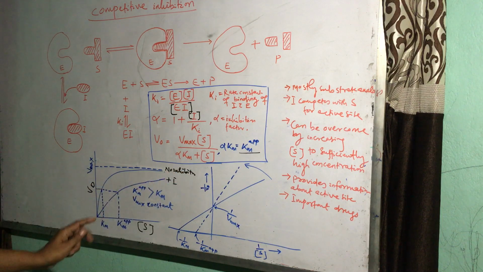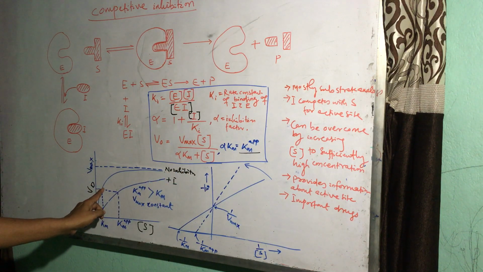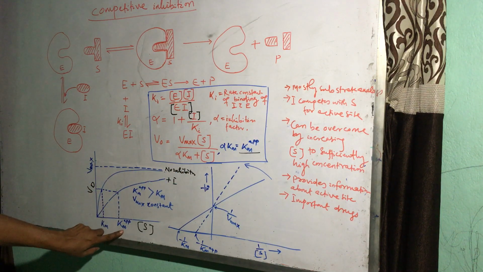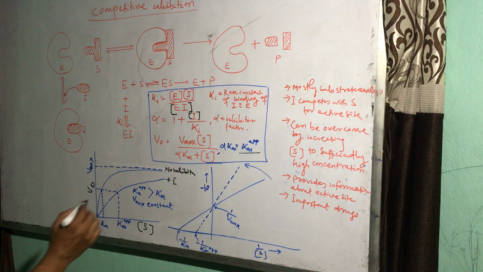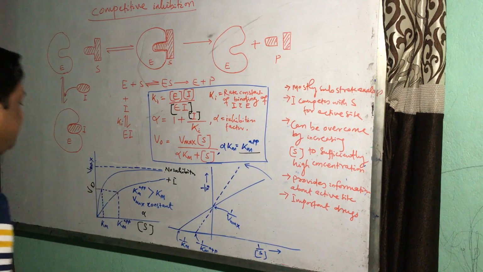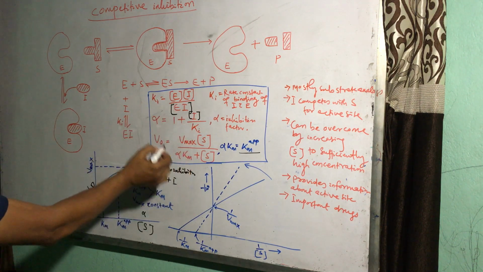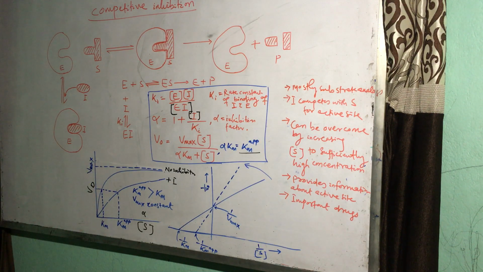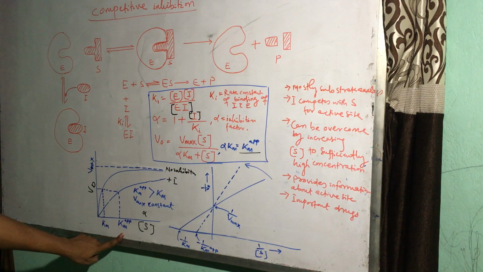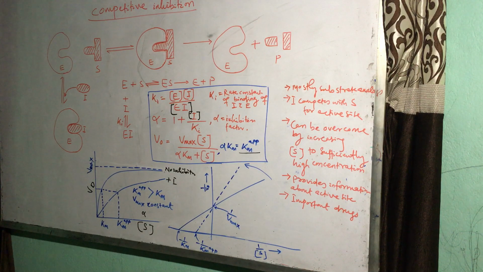In the absence of inhibitor the Km is smaller, whereas in the presence of inhibitor, Km increases by factor alpha, as we have defined here. So in the presence of a competitive inhibitor, the apparent Km is always greater than the previous Km.